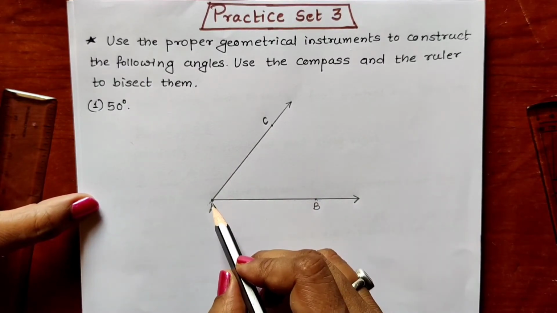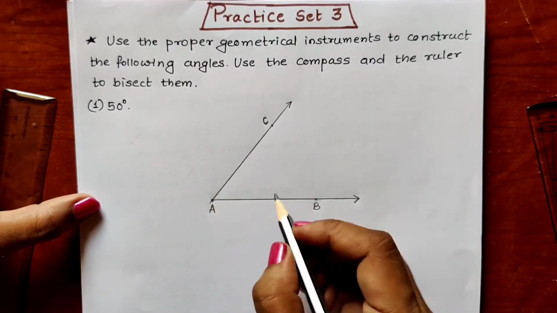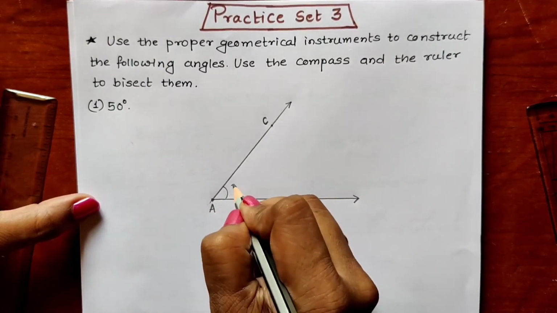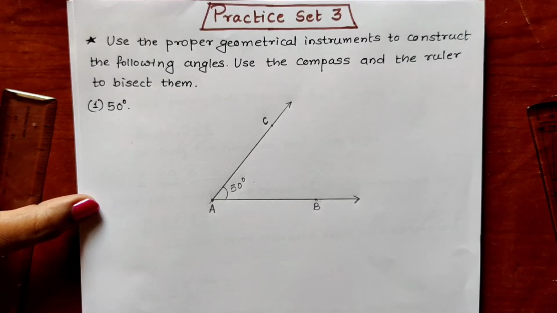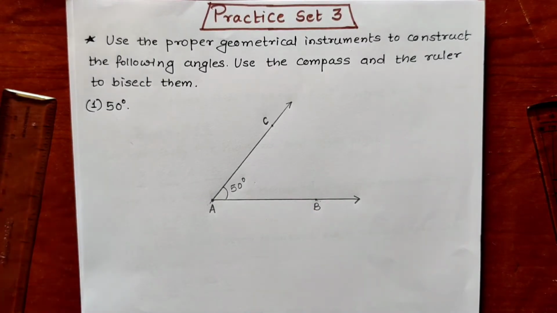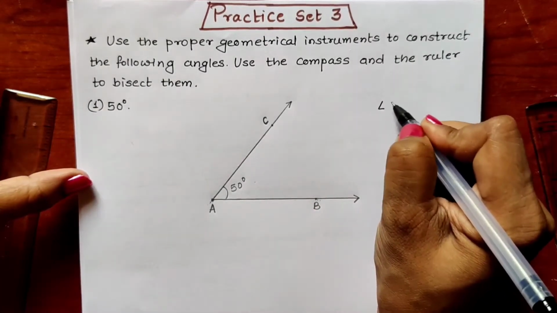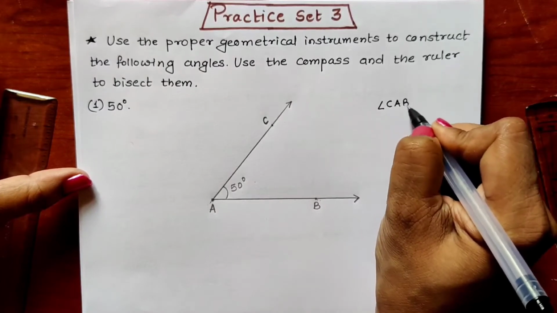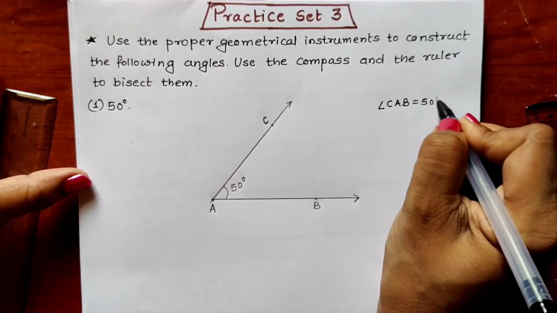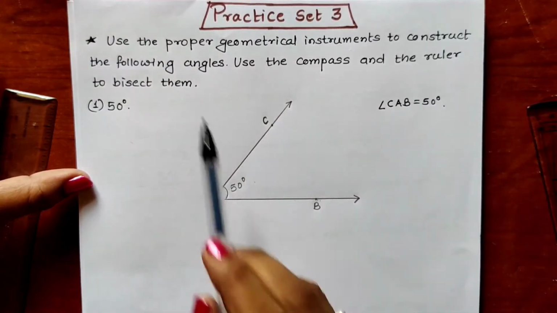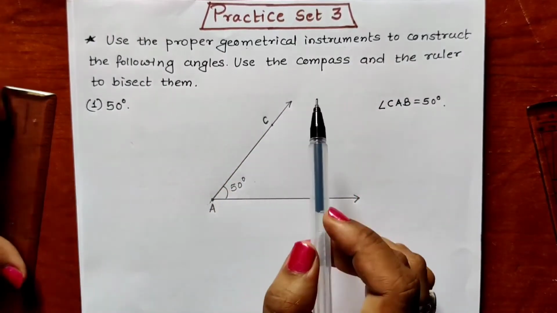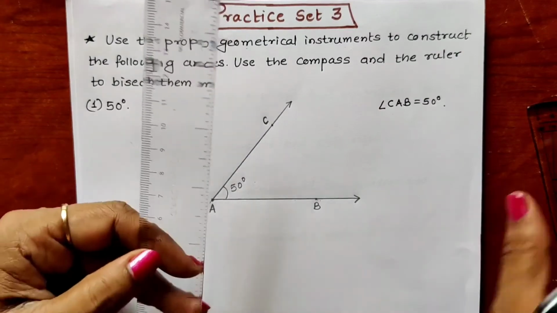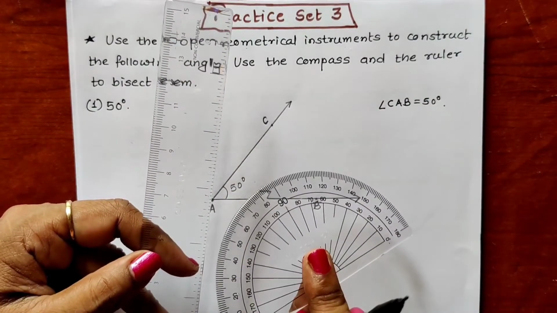You should see that A should be the middle point. Now this angle CAB is of 50 degrees. Here we can write angle CAB is equal to 50 degrees. Now after drawing an angle, which geometrical instrument have we used? For drawing an angle we have used our scale and protractor.